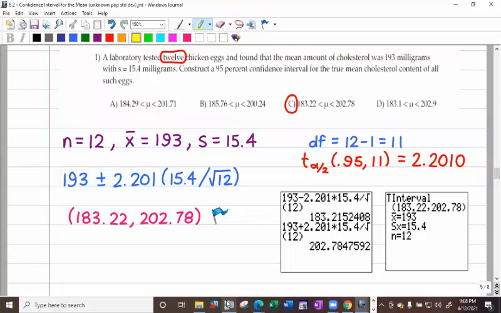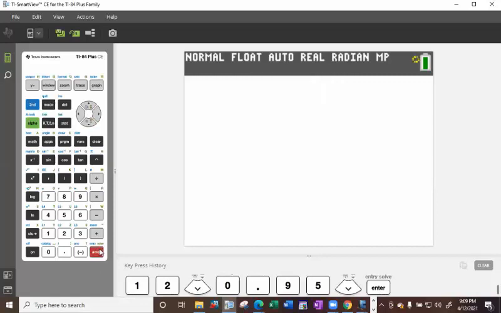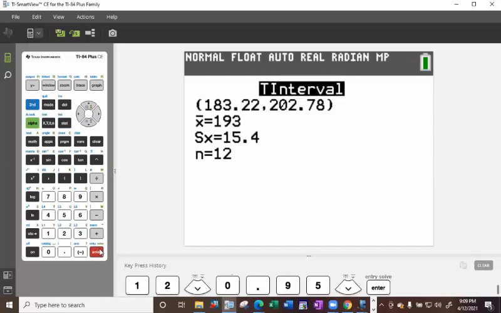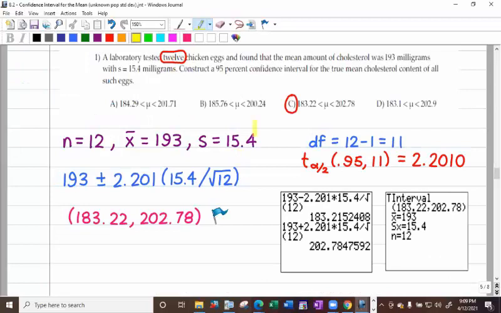Yeah. 182.22, 202.78. How'd we do? Love it.